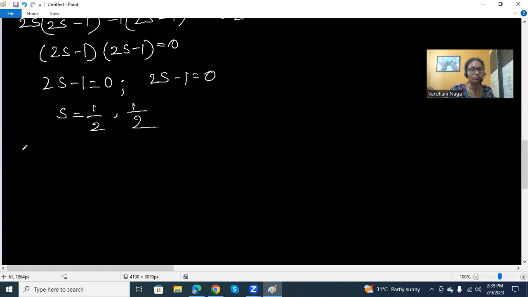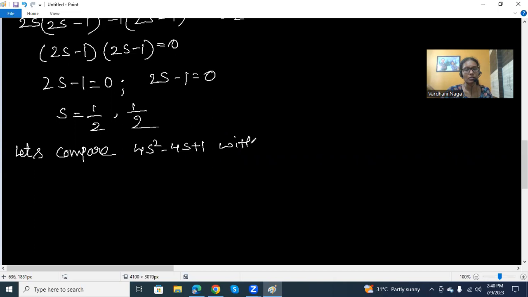Now let's compare the given polynomial 4s square minus 4s plus 1 with the quadratic standard form ax square plus bx plus c. So here a value is 4, b value is -4, c value is 1.